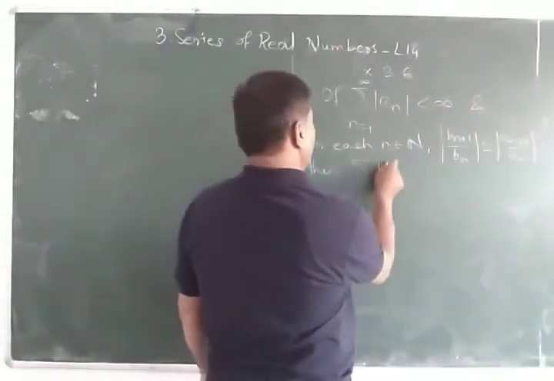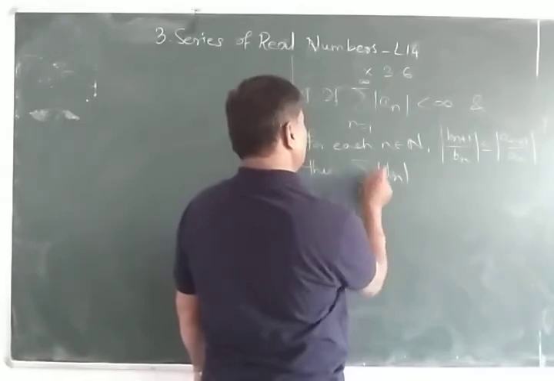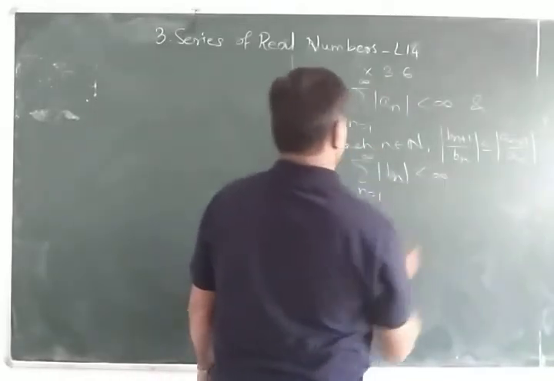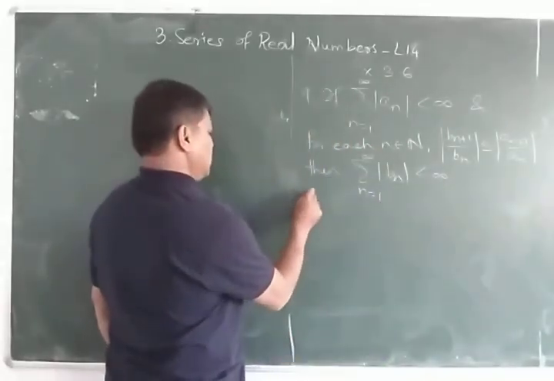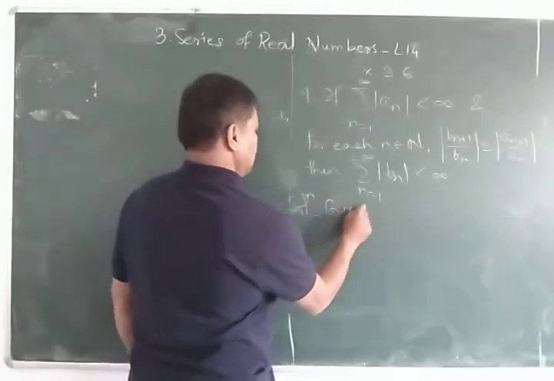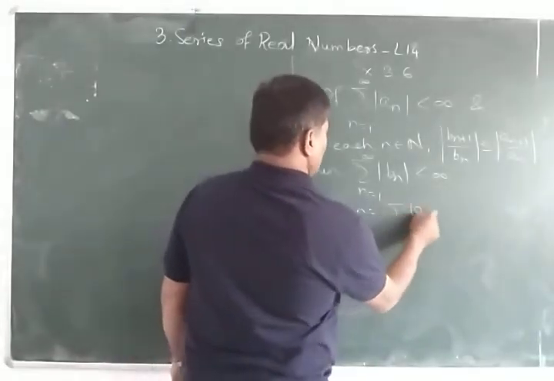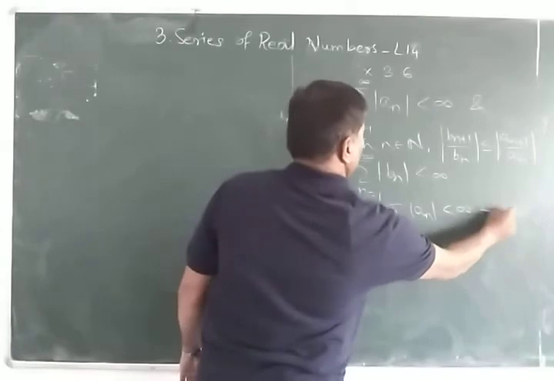Then summation of mod bn, n equal to 1 to infinity, is less than infinity. Solution, the given summation mod an is less than infinity.